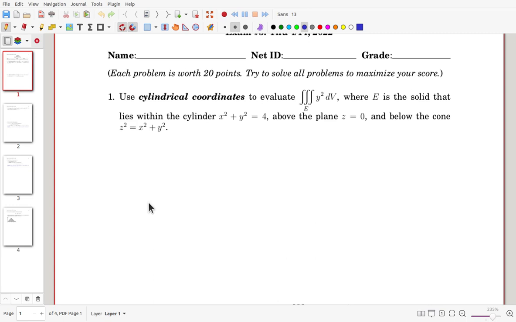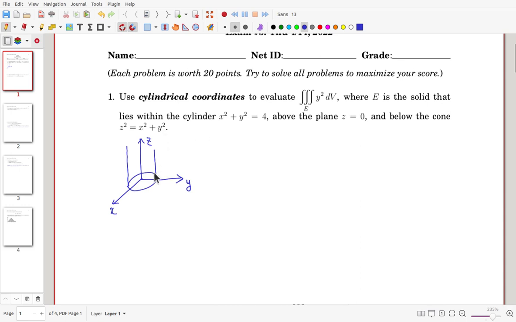Okay, for this problem, now in 3D coordinates, x direction, y direction, and that is the z-axis, and inside the cylinder, so we have here radius 2, and above the xy plane, and below the cone.